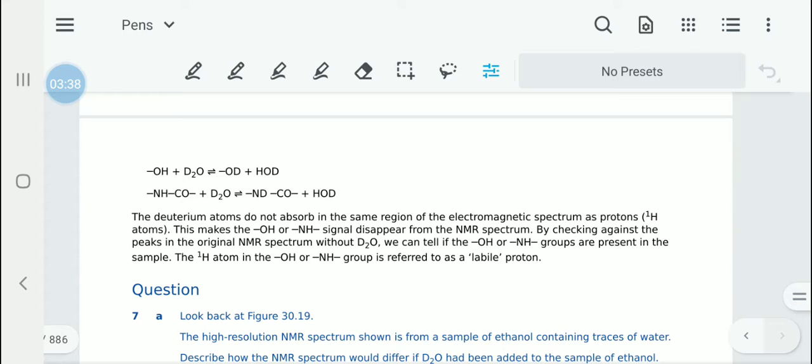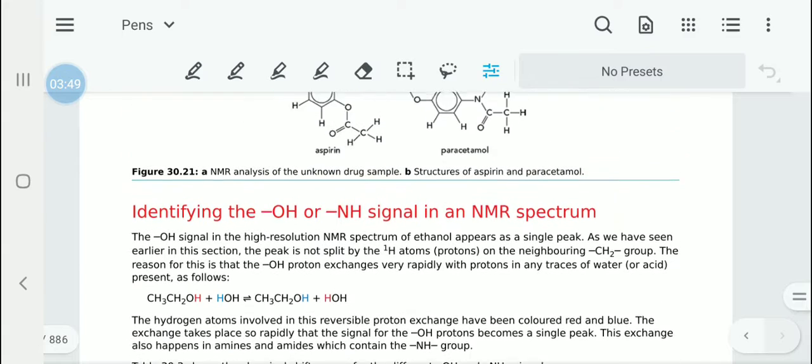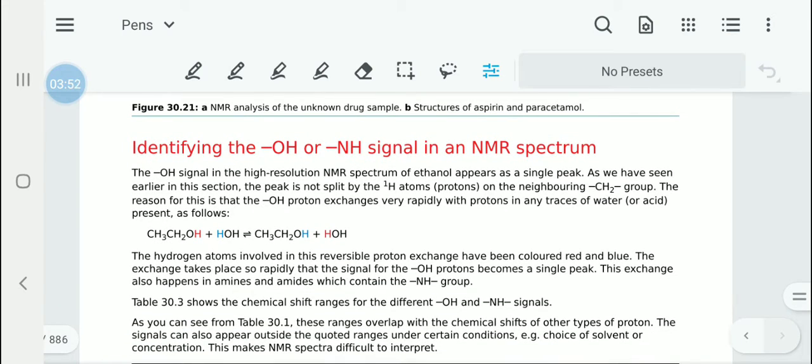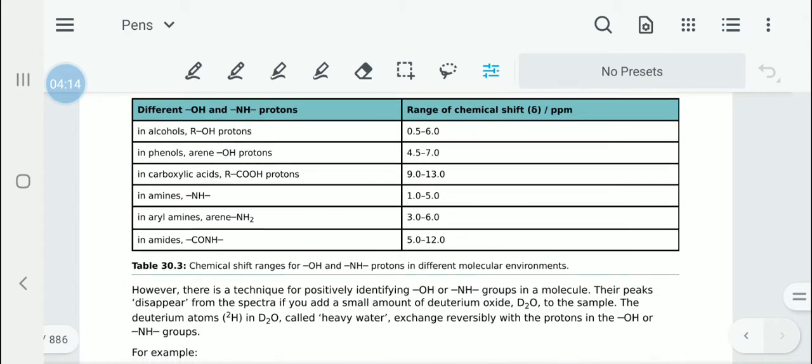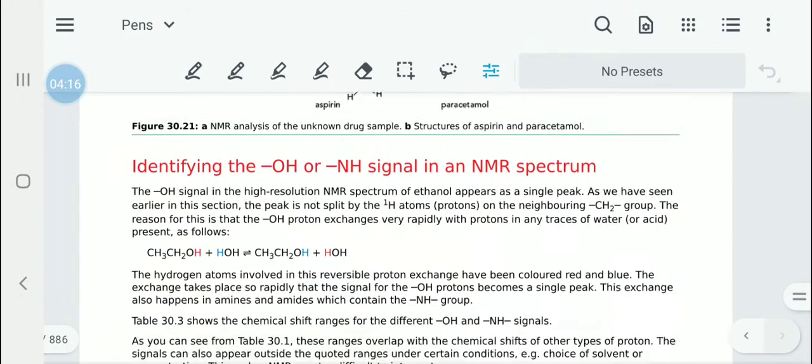In OH and NH, the H1 atom is referred to as a labile proton because of this reason. Write down a note on this. In the NMR spectrum, OH and NH cannot be identified specifically because they overlap with other chemical shift ranges.